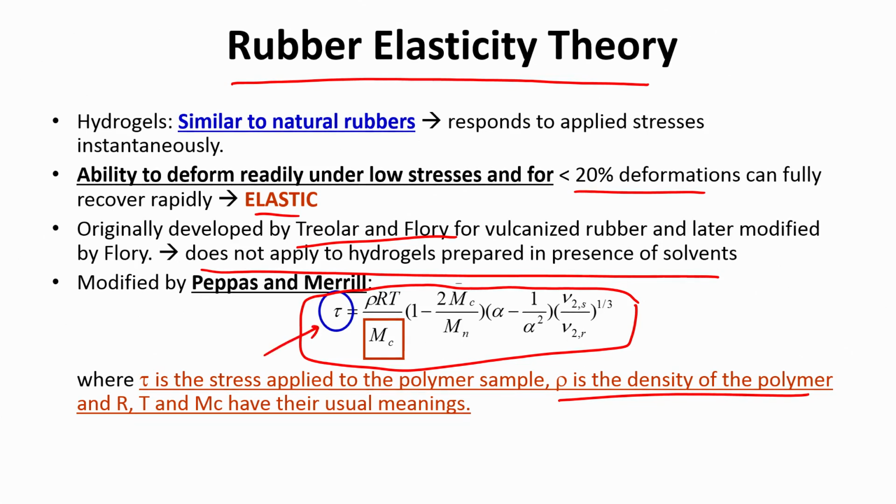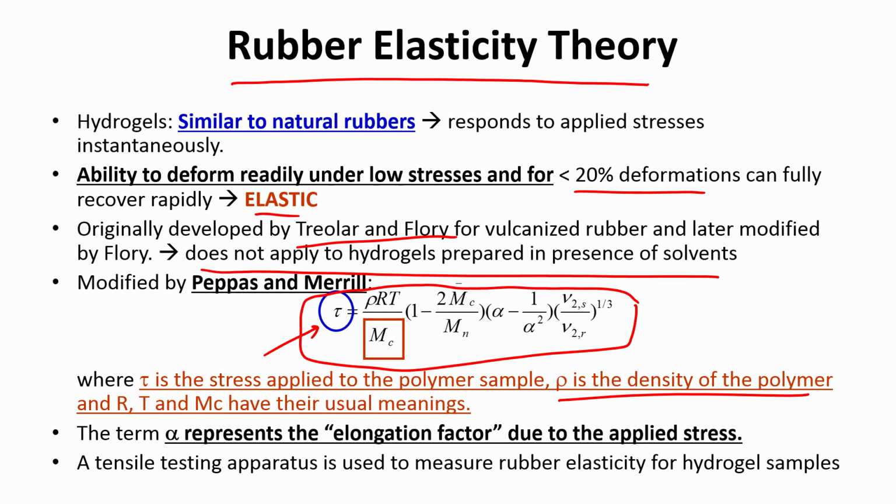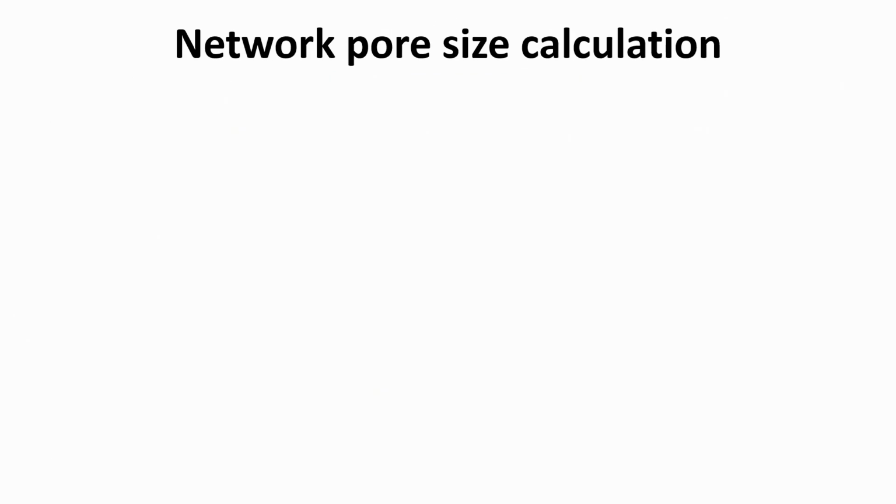We can use instruments like a rheometer to know what tau is, and that will give us another equation, along with the last equation, to get an idea of the different MC, V2S and V2R. And alpha here represents the elongation term. This is basically the elongation due to the applied stress, and as I said, a tensile testing apparatus can be used to measure this rubber elasticity for hydrogel samples.